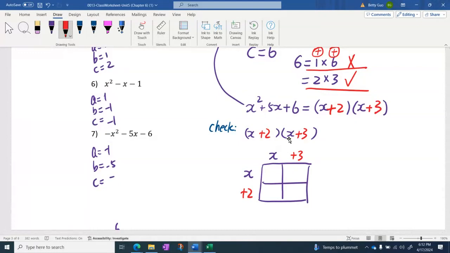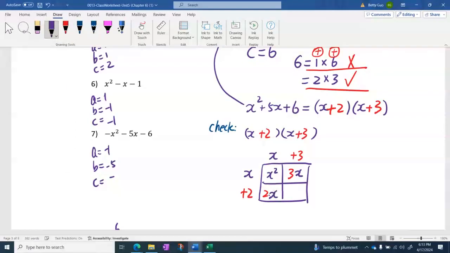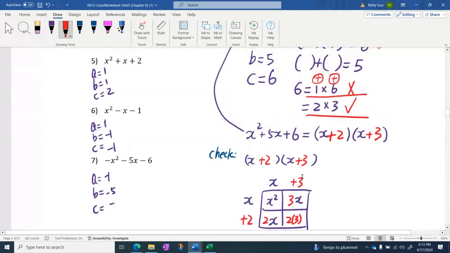And then we are going to multiply. x times x is x squared. 3 times x, 3x. 2 times x, 2x. And 2 times 3, 6. I know it's 6, but allow me to write it as 2 times 3 here.